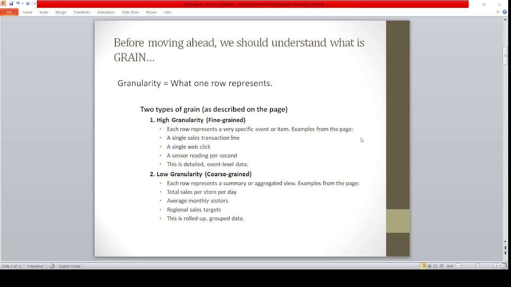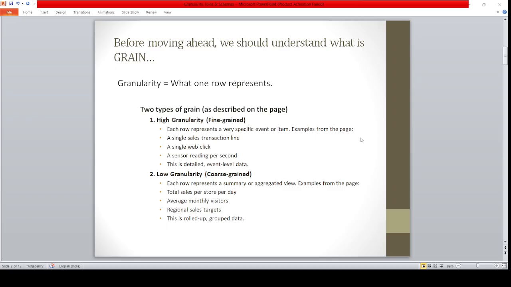Okay, before moving to the deep concept of granularity, we should know what is grain, and where this term arrives from. In data, grain generally refers to what one row represents.